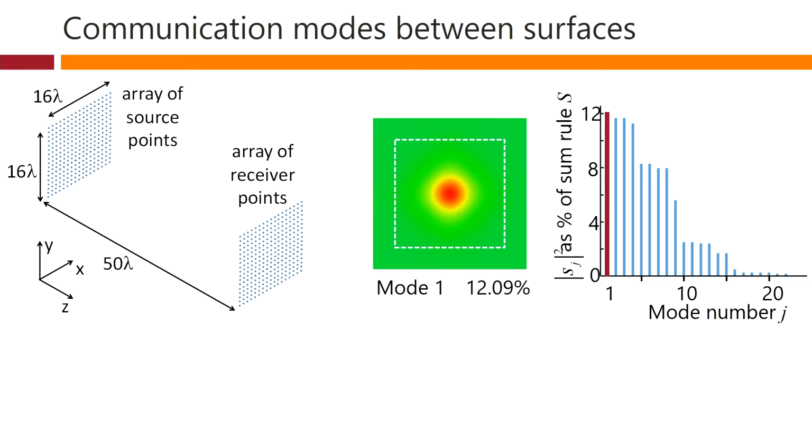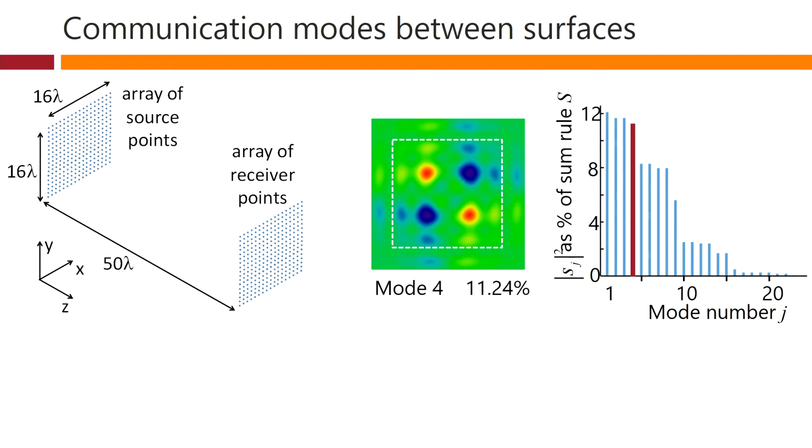So here then, explicitly, is the same mode we've just been looking at. This particular one, not surprisingly, happens to correspond to the most strongly coupled mode. It takes about 12% of the total available coupling strength. Here is the second mode, rather similar coupling strength, and the third mode, which is just a symmetry variation on the second one.